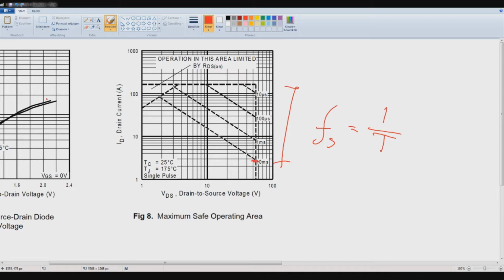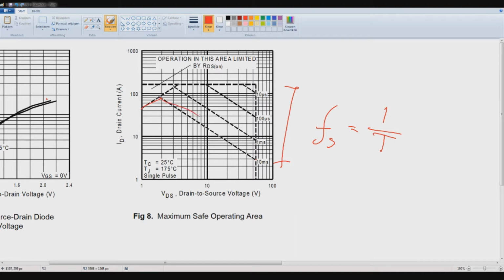So if we take a look at this area, we have a pulse of 10 milliseconds, which is quite long. Therefore it is on for 10 milliseconds, and it's conducting that amount of current.